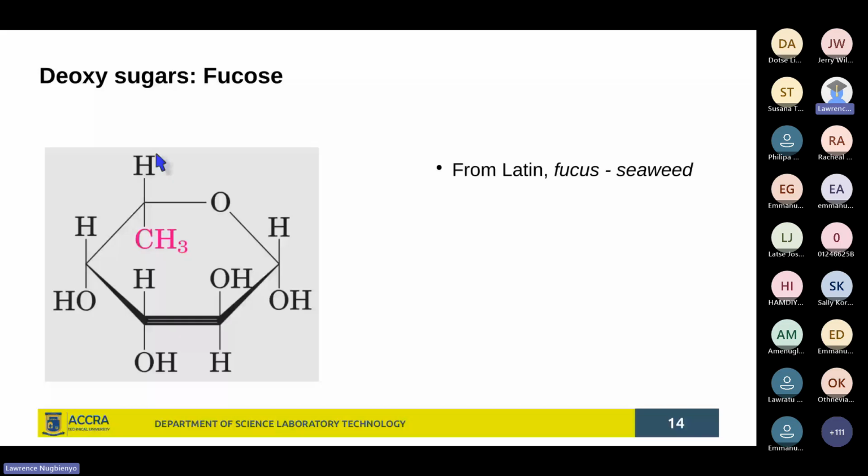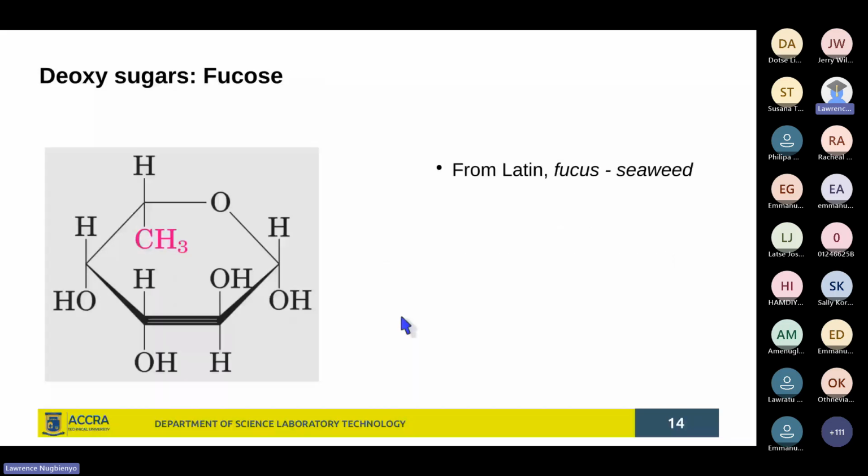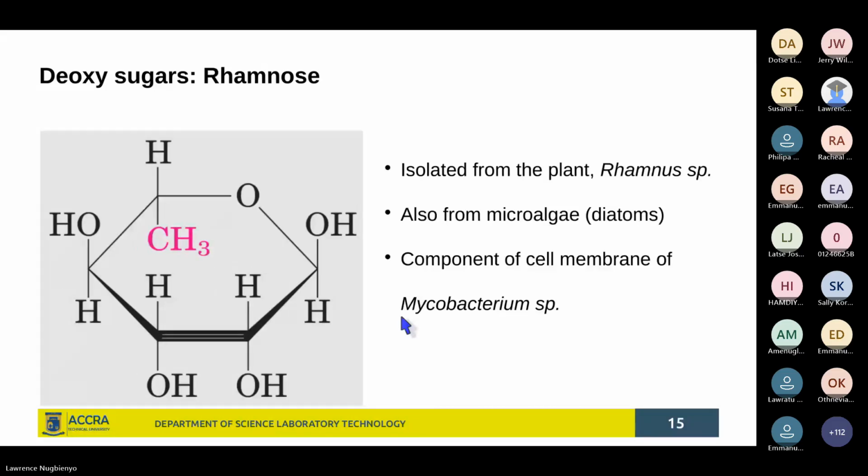You also have what we refer to as rhamnose, also a deoxy sugar. It's not the same as fucose. If you look at the orientation of the various groups on it, you will notice the difference. It is isolated from plants of the genus Rhamnus.